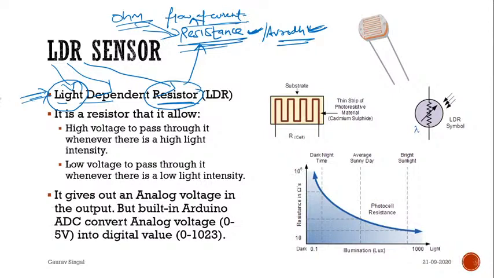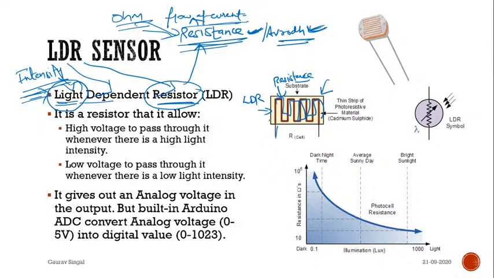Again I am repeating, light intensity will be a resistance to the flow of current. Suppose this is our LDR and this is the resistor. If it is getting maximum light, then the resistance will be reduced and the power flow is maximum.